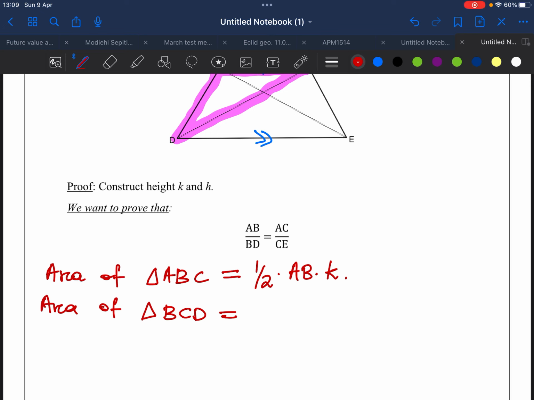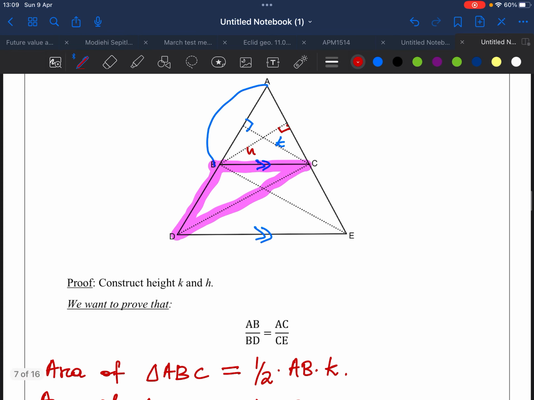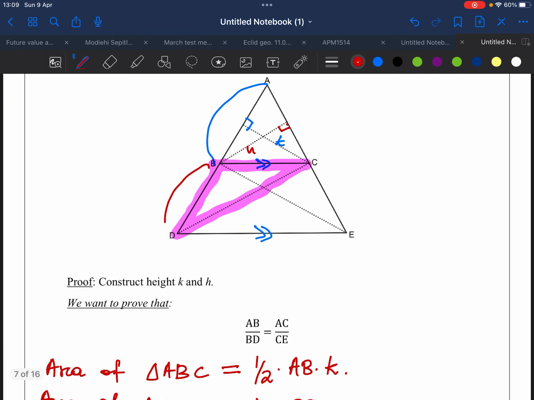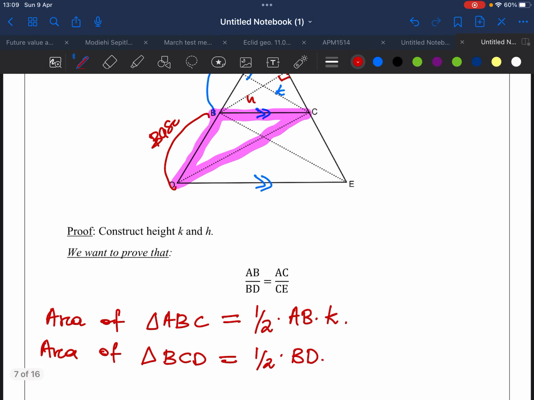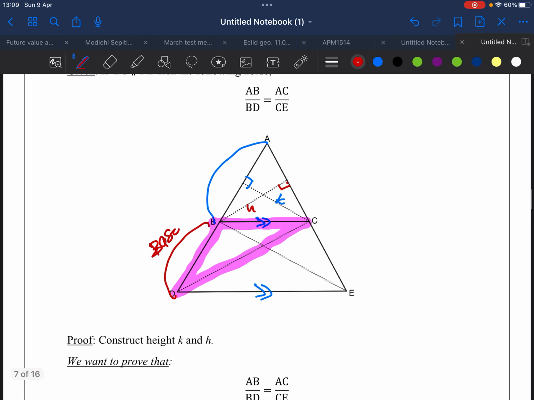Half times BD, which is our base there. This one is your base. So what is your height for this one? Your height is K there, because this is your base and your height is this one.